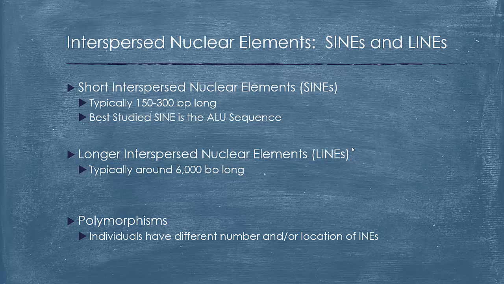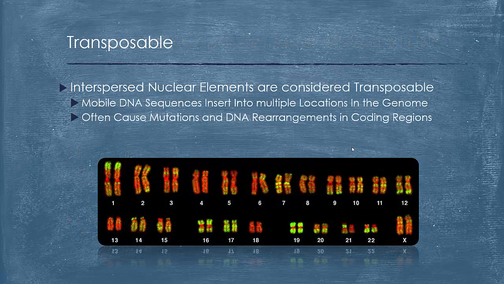And polymorphisms are those in which different individuals have a different number and/or location of these interspersed nuclear elements. Now, these elements are considered to be transposable. And what this means is that they are mobile DNA sequences that insert into many locations within a genome and often cause mutations and DNA rearrangements in the coding regions.